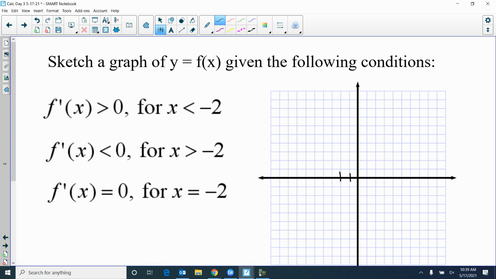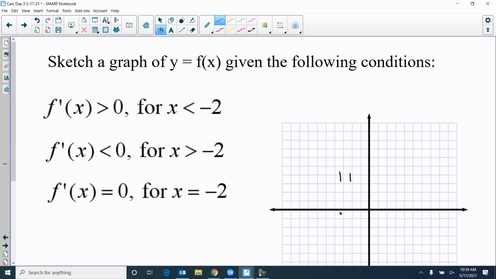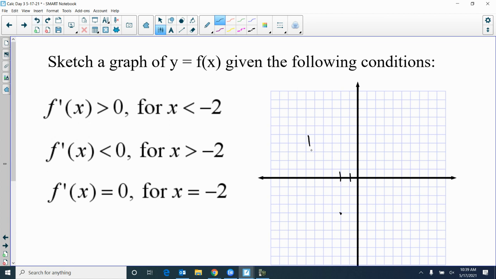So here's -2. This minimum could occur anywhere. All right, what's wrong about that? The left side is decreasing, but it should be increasing. On the left, we want the slope greater than 0. So what's the only thing I need to do? Flip it, and instead of making a minimum, make it a maximum.